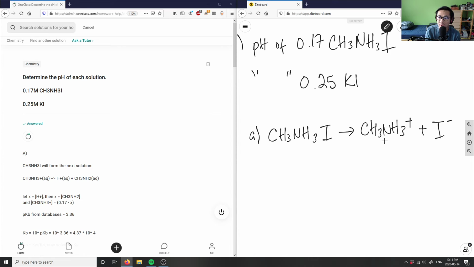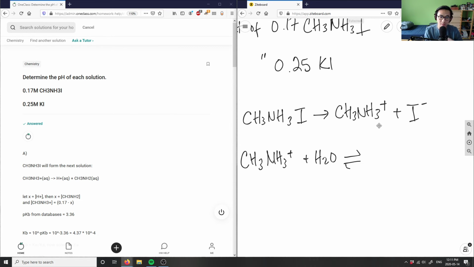So this cation is going to then react with water, and that's going to give us our equilibrium reaction here. Plus H2O. This H is going to be given to this H2O, so I have H3O plus and CH3NH2.